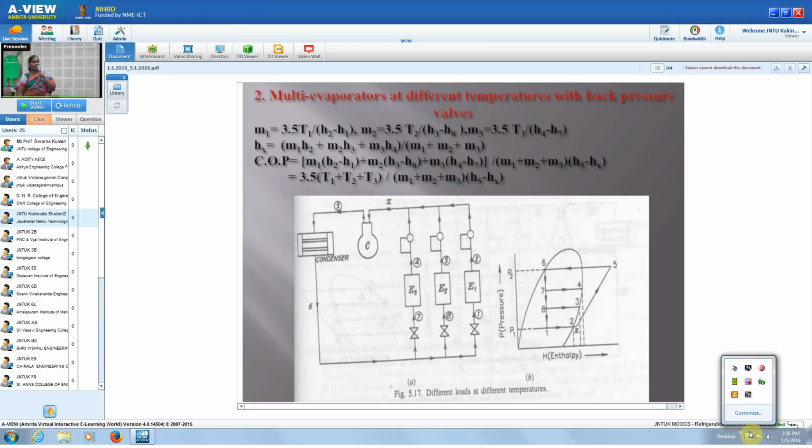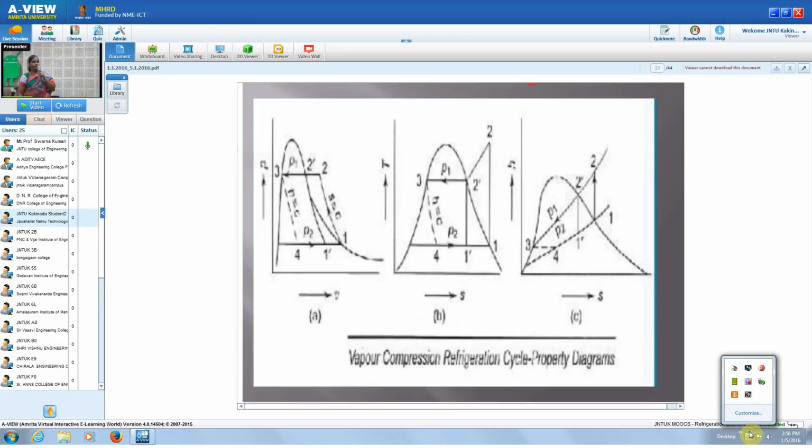Next. So this is a diagram showing the vapor compression refrigeration cycle in PV diagram, TS diagram and also HS diagram.